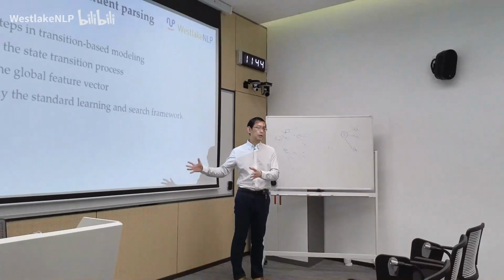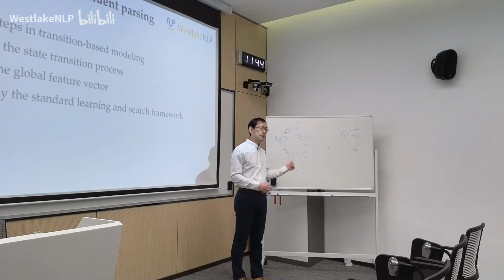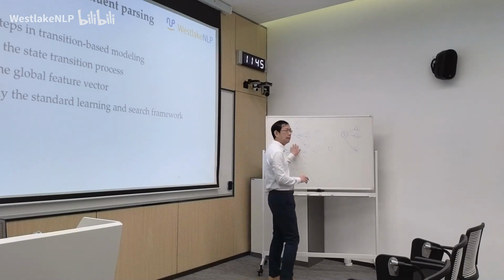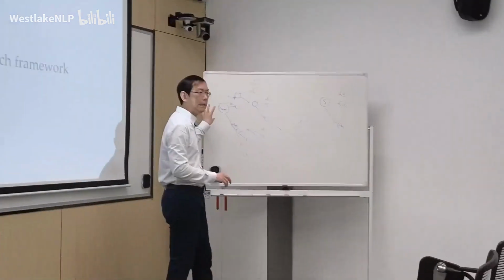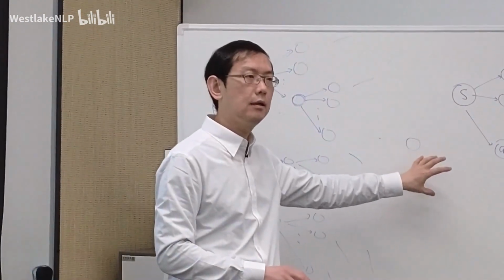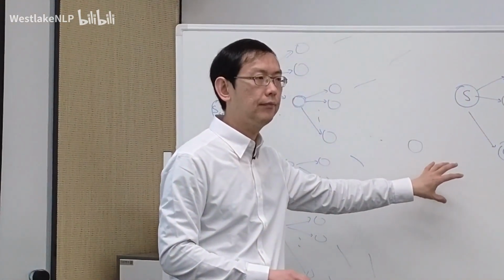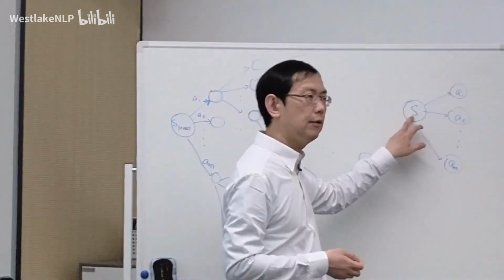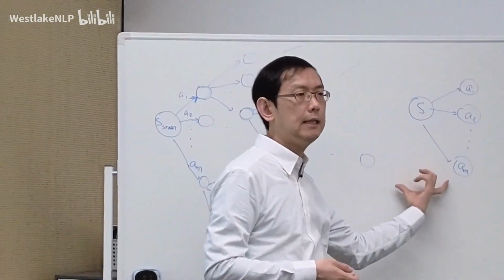We need to do two things to apply our transition-based framework to a specific structure. First, we need to translate the structure into a state transition process, a decision process. We saw that for segmentation and dependency parsing. Second, we need to parameterize the model by defining a set of features to represent the state action pair, right?